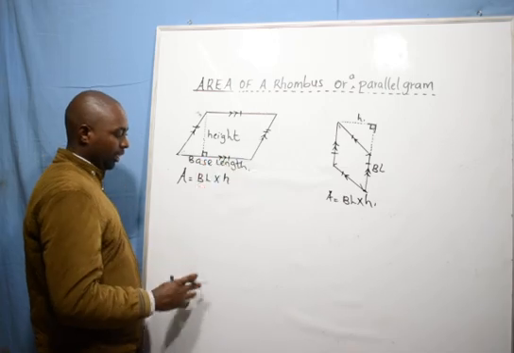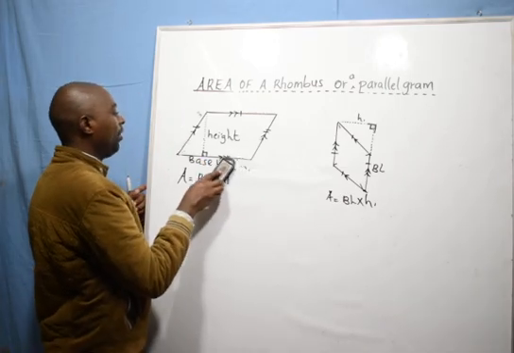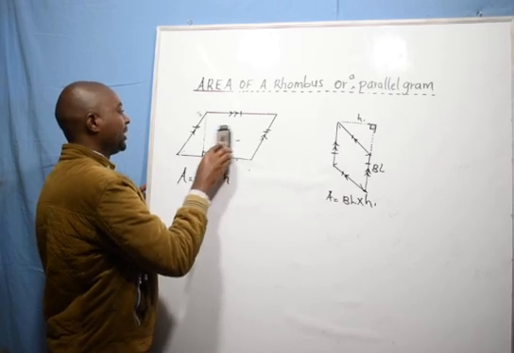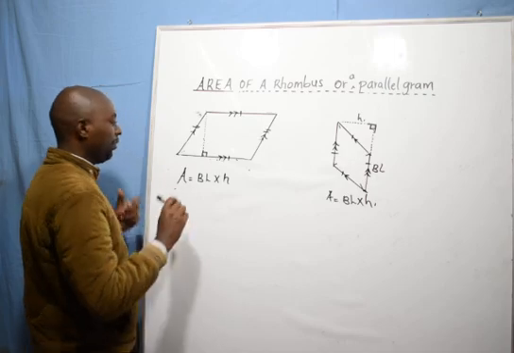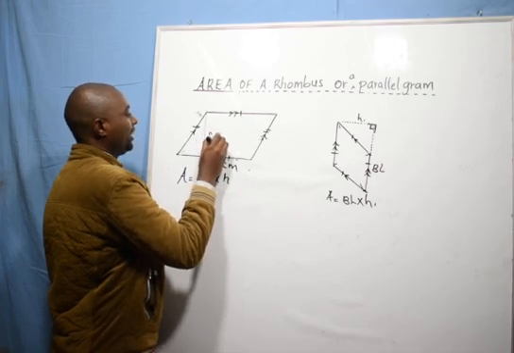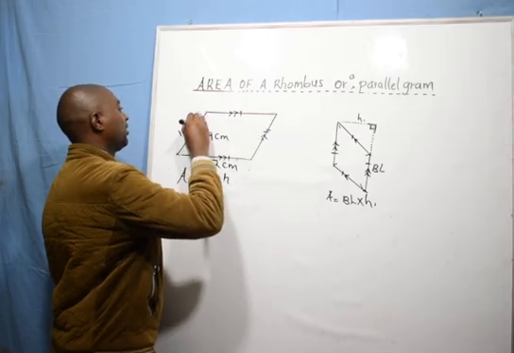Let us look at an example now where we are asked to calculate the area of this parallelogram, and we are given these sides, the base and the height: this is 12 centimeters and this is 9 centimeters, maybe this is 13 centimeters.